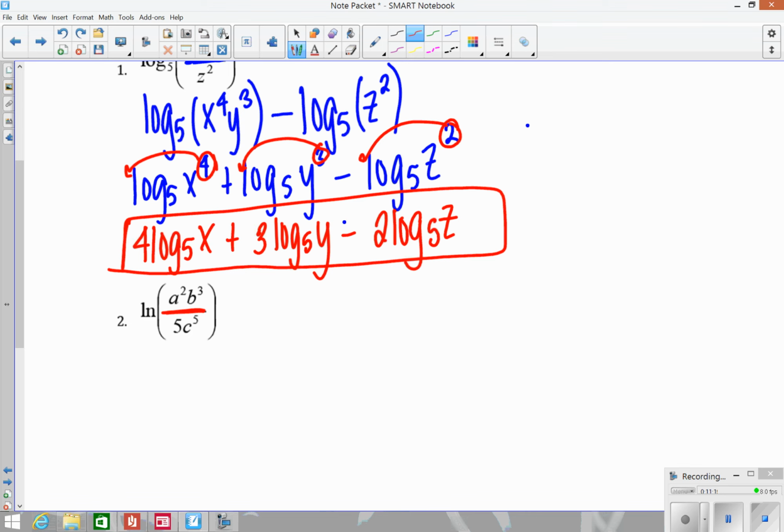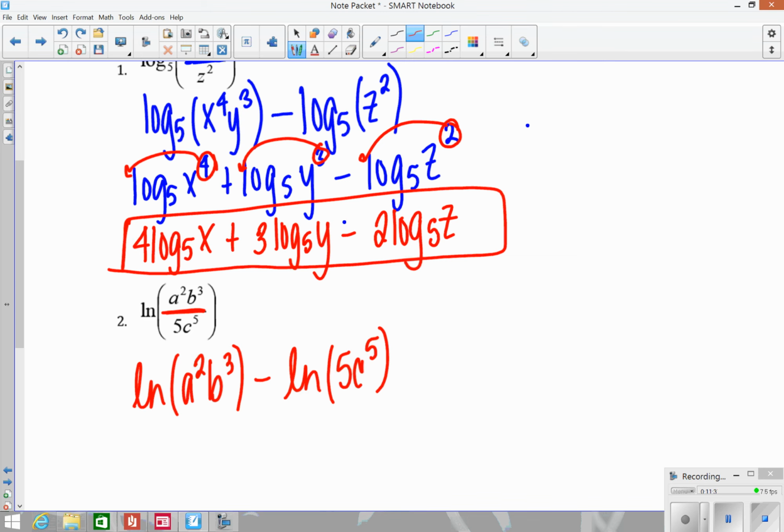So the next thing here is to look at dividing this. So we have ln. Since it's been divided, that means we have subtraction, minus ln 5c to the 5th. And then the next step here is let's look at breaking up these individual pieces.